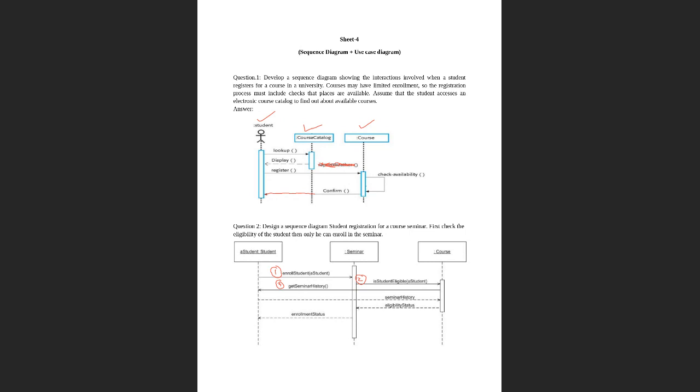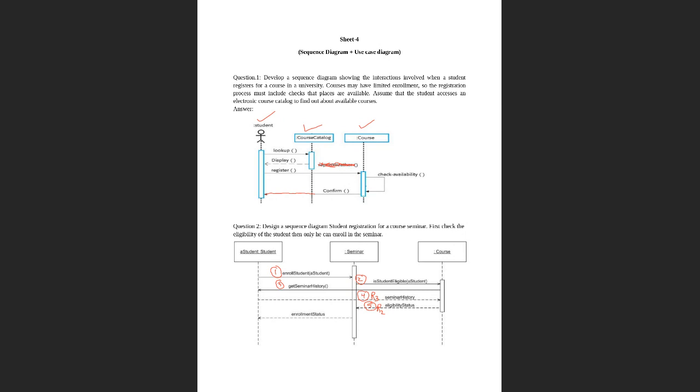You see this third message is to get the seminar history, and the fourth message is a reply to message number 3. And the eligibility status, message 5, is a reply to message number 2, because there you are asking whether the student is eligible or not. You check the history and say that yes, the student is eligible.